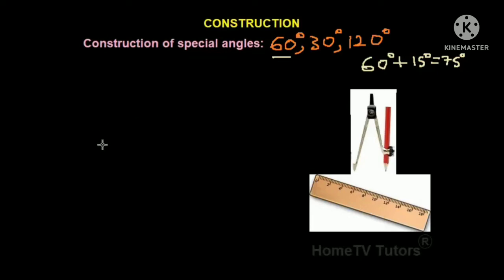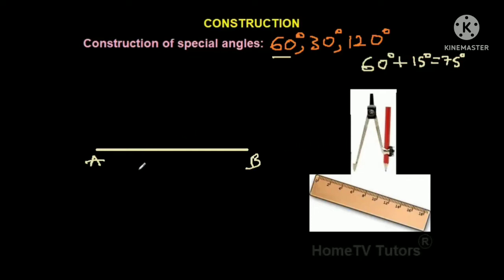So first we need to draw the line AB. With this line AB, with the center A, you pick your compass with a convenient radius.